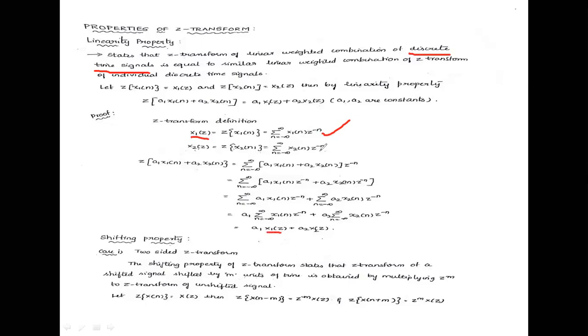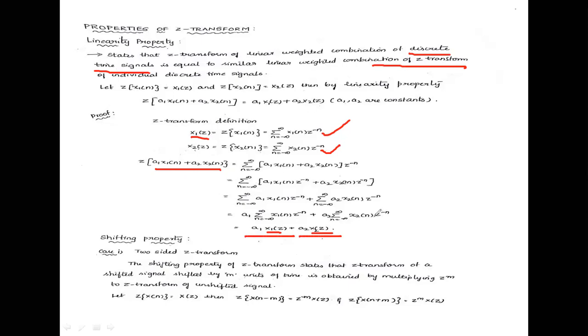Substitute here. The other one is the sum of n equals minus infinity to infinity x2 of n Z power minus n, which is X2 of Z. Okay. This proves the linearity property of the Z transform: a linear weighted combination of two discrete time signals is equal to a similar linear weighted combination of the Z transforms of the individual discrete time signals.